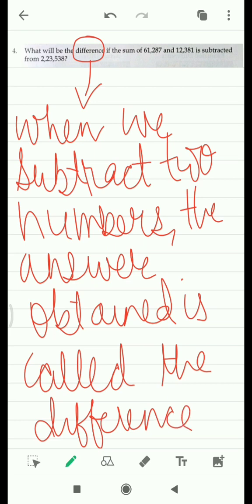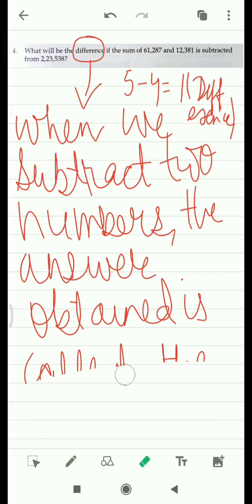For example, if I subtract 5 minus 4, this one is called the difference. Okay? So now it's clear what the difference is. It's obtained by subtracting two numbers.